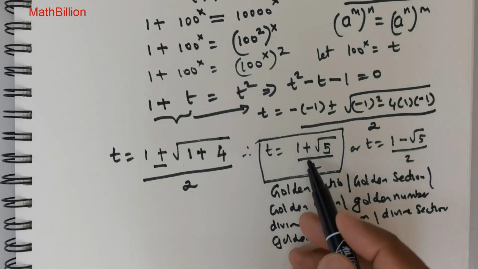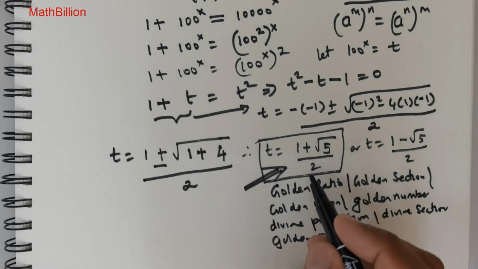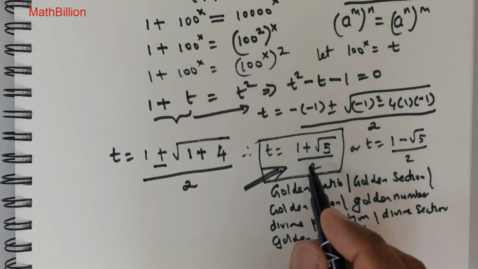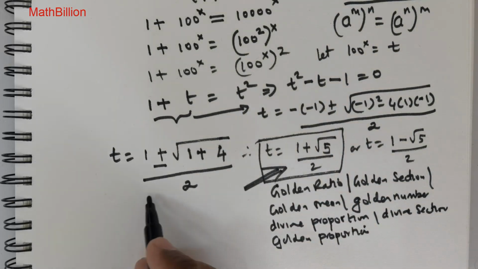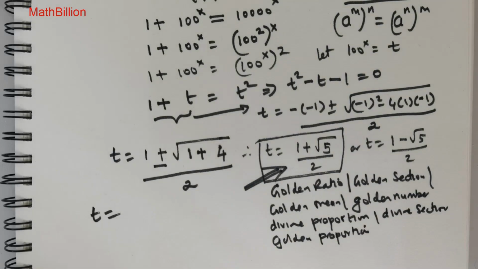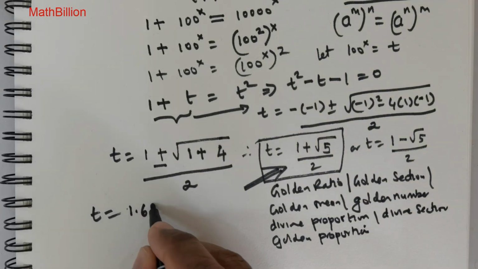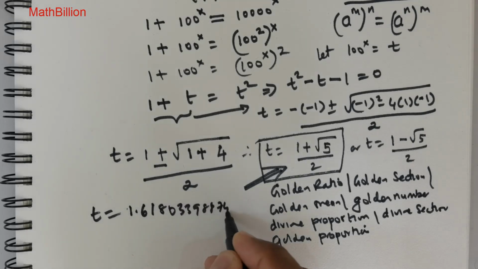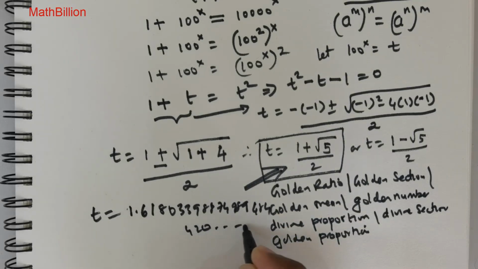So there are many names given to this, and this is one of the powerful numbers that you can come across. Now if you are interested in knowing the value of this, it would be approximately 1.61803398874989484420 and so on it goes.